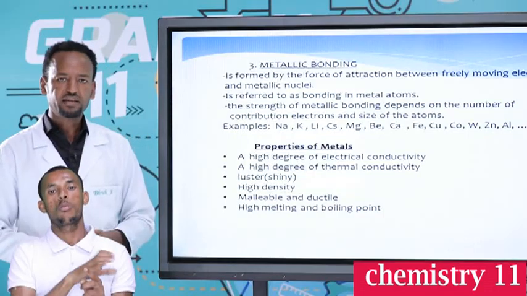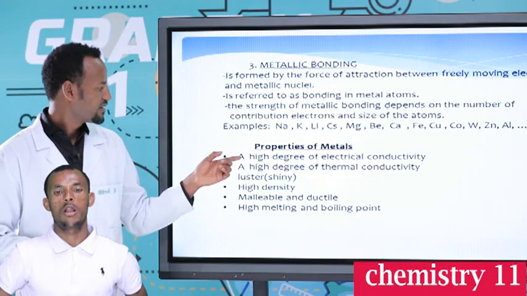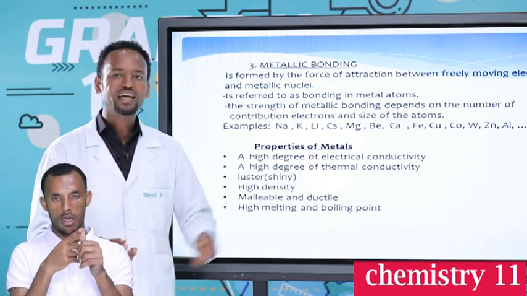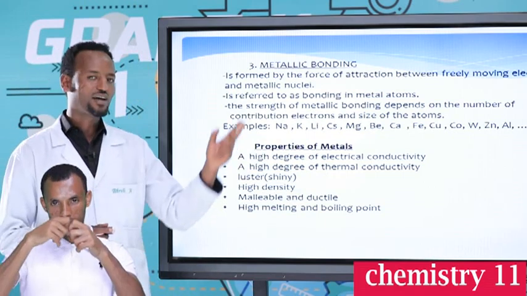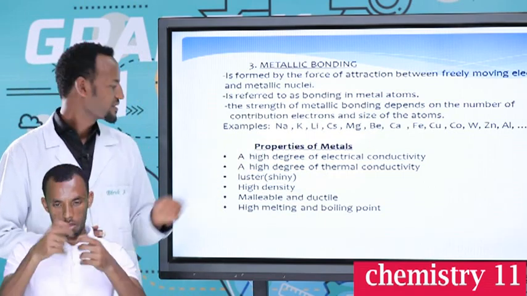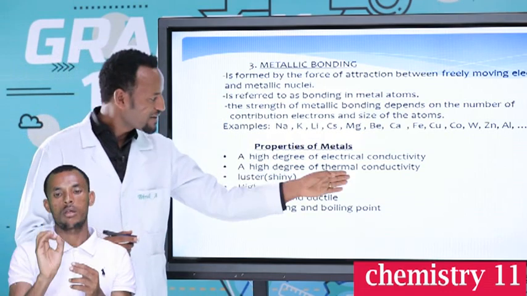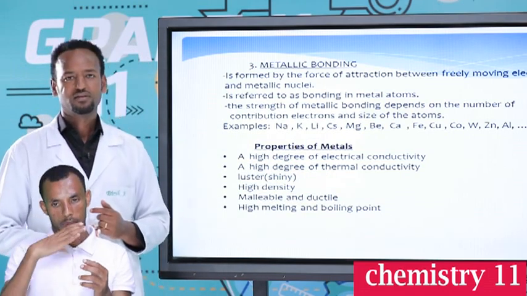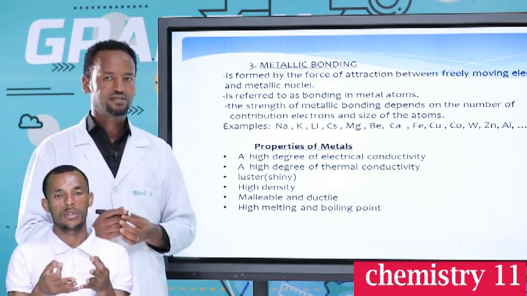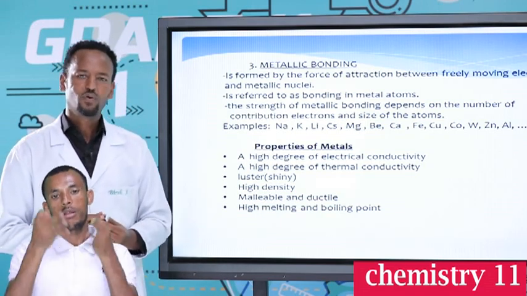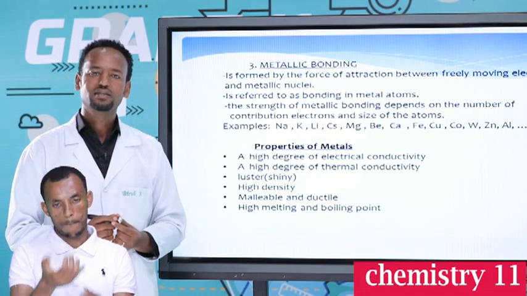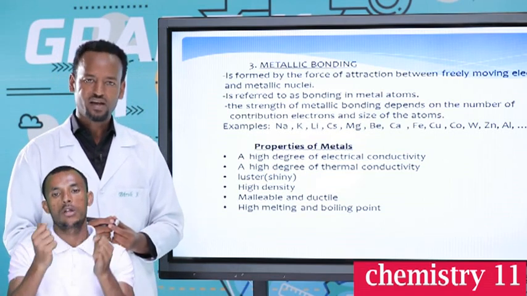What are the properties of metals, especially physical properties? High degree of electrical conductivity. A high degree of thermal conductivity. Metals conduct electricity. Why do metals conduct electricity, students? Please try this question.